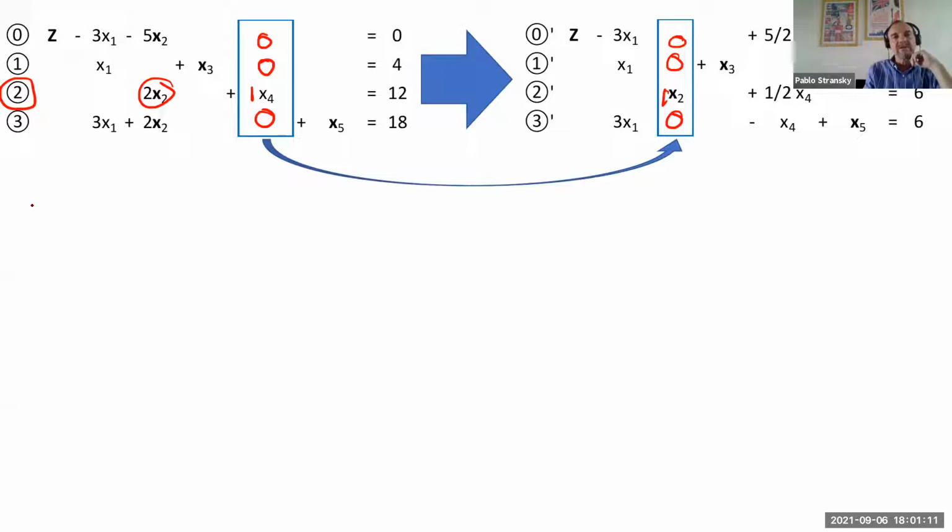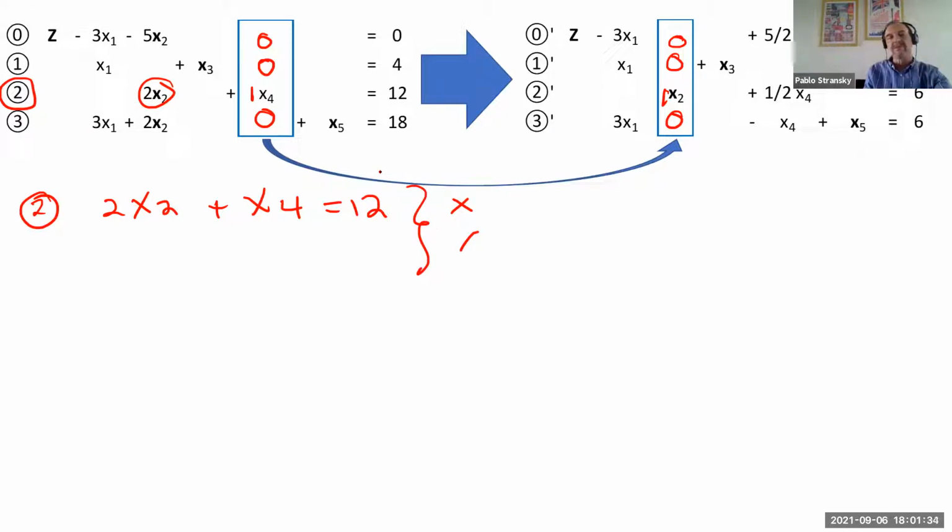Okay, I start with equation number 2. Now pay attention. I take the equation 2x2 plus x4 equal 12. All I can do here is either multiply the equation or divide by some number in order to change 2x2 into x2. So I decide to divide the equation by 2. So 2x2 divided by 2 brings me x2.